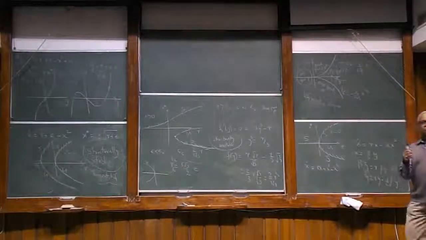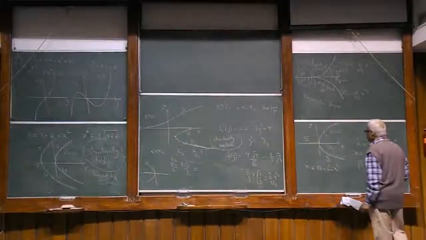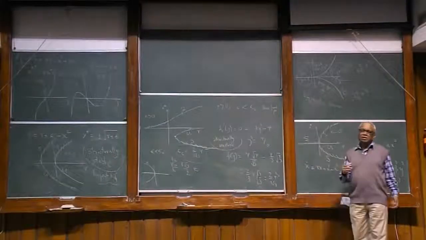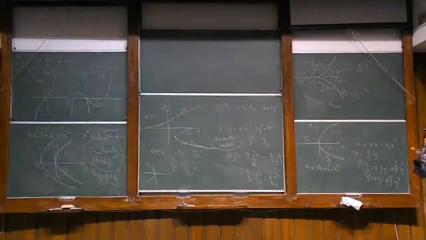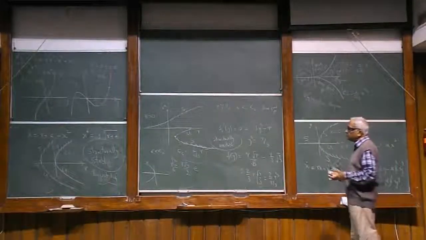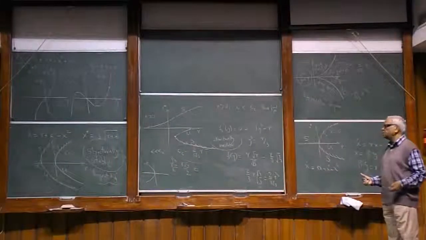But they do depend on tuning parameters carefully. In the second order phase transition, you have to tune the external magnetic field to be exactly zero in order to see the second order nature of the transition.